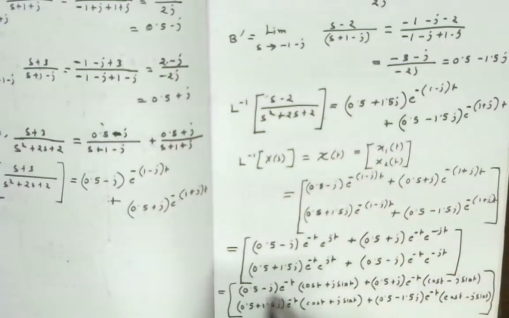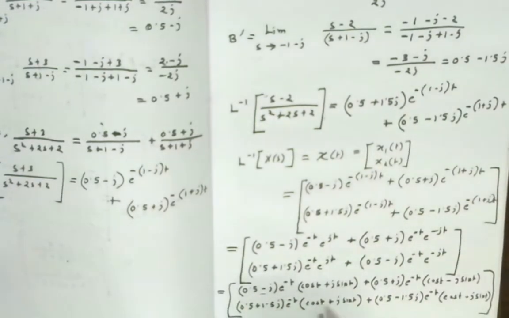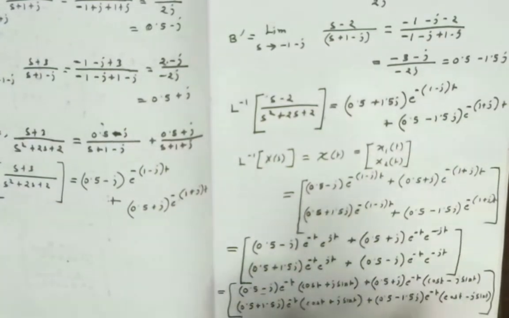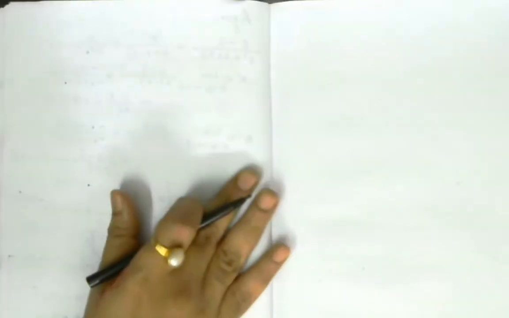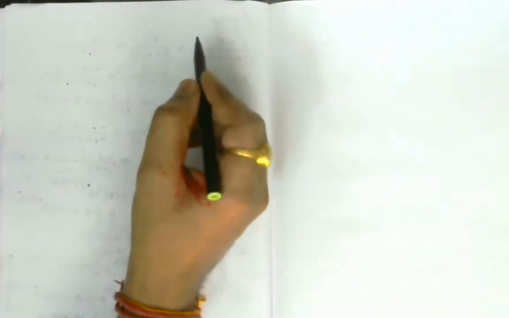Now you multiply this factor with this factor, and this factor into this factor, and then let's see what will happen. It will be simplified once again. Let me do it. You can do it by yourself in your copy.